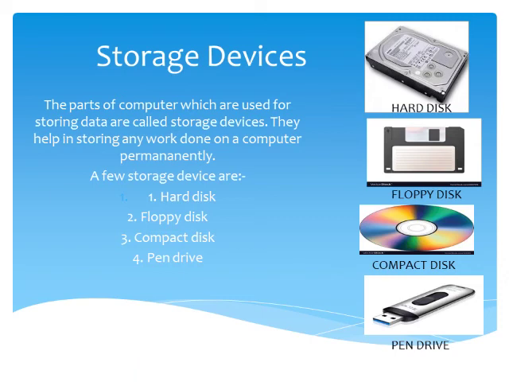The hard disk is a permanent storage device. It is assembled in computers, and some portable storage devices are also available. For example, floppy disk, compact disk, and pen drive are portable devices. We can carry them from one place to another. We can share information with the help of these.